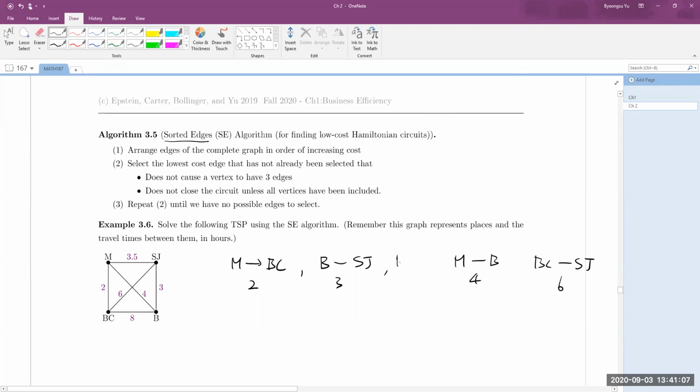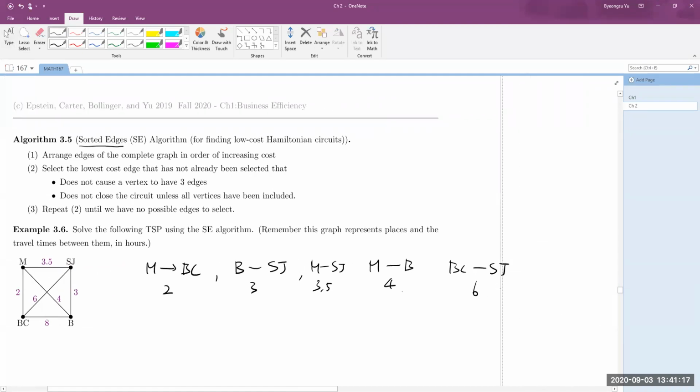So Miami to San Juan, 3.5, and Miami to Barbados, 4, and Veracruz to San Juan, 6, and lastly, Veracruz to Barbados, 8, right? So first of all, sorted edge algorithm takes the lowest cost edge.